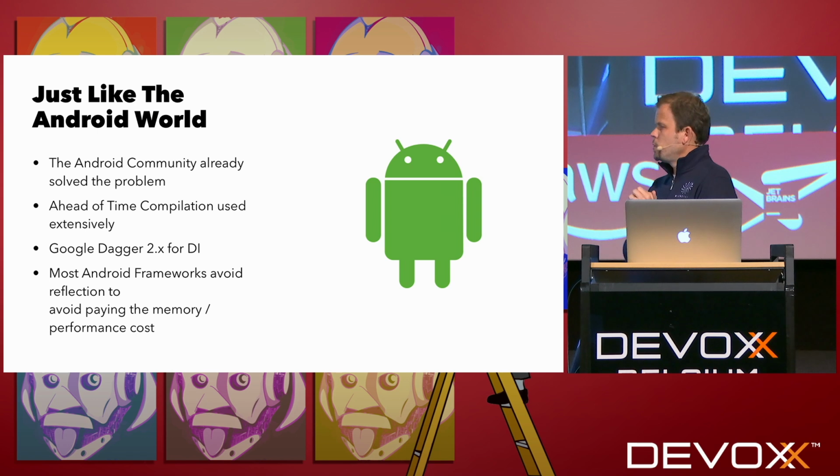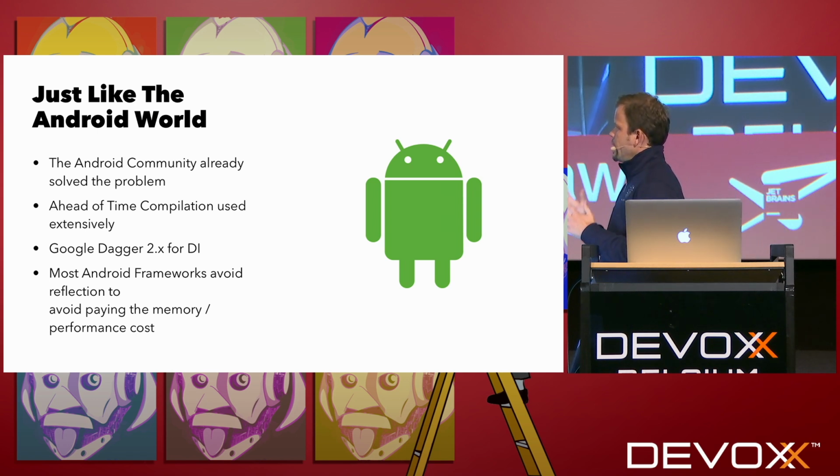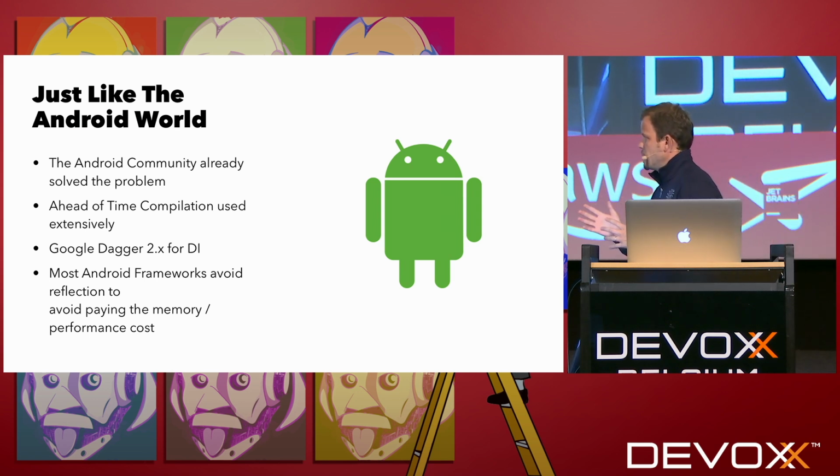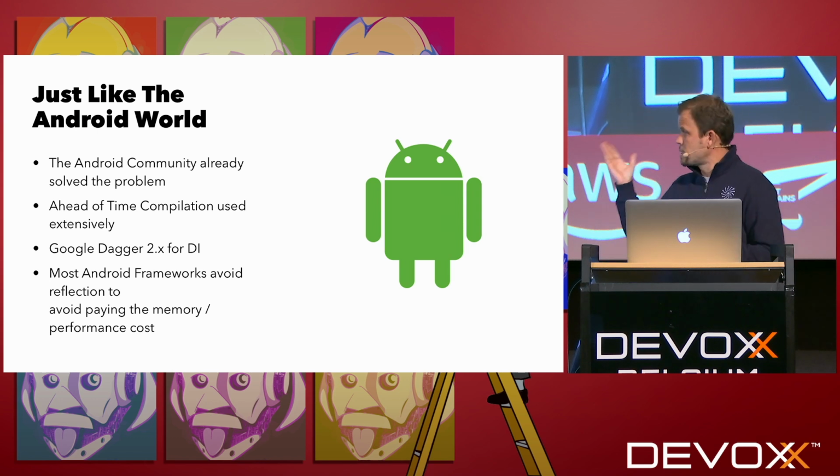And if you look at most Android frameworks and tooling in the mobile space, very few of them, if any, use reflection anyway, for obvious reasons, because it's slower, and it consumes memory, which is not acceptable on low memory footprint devices, potentially.